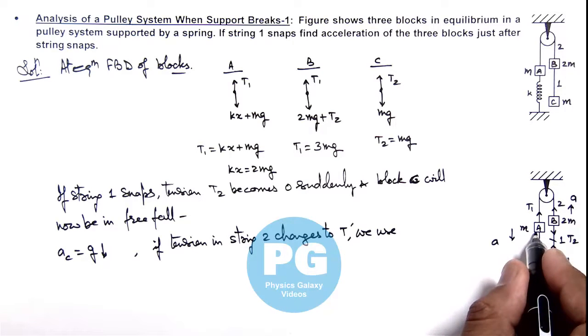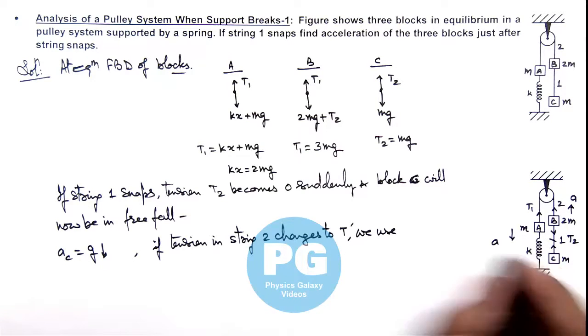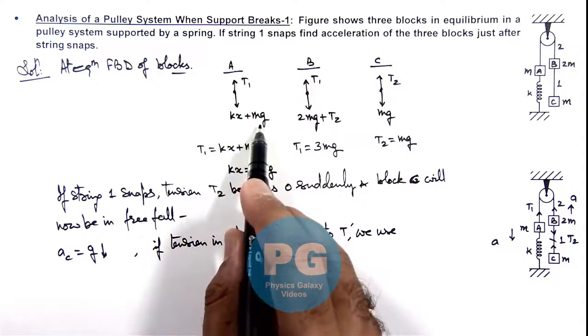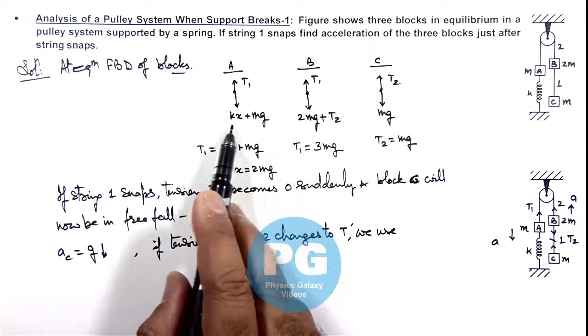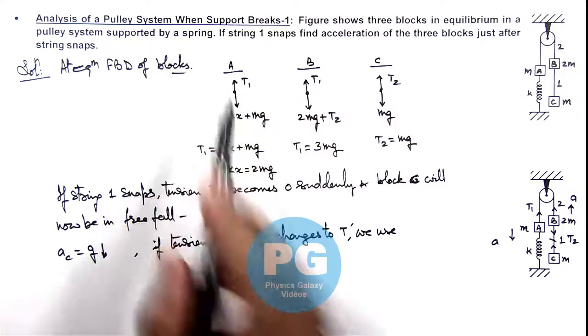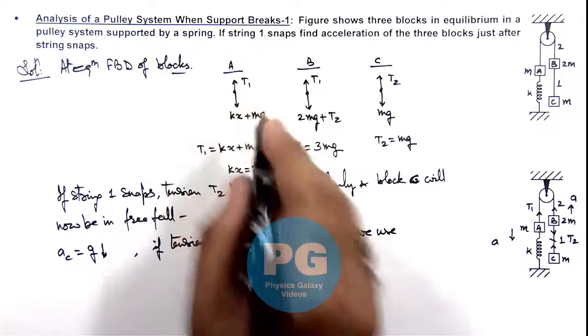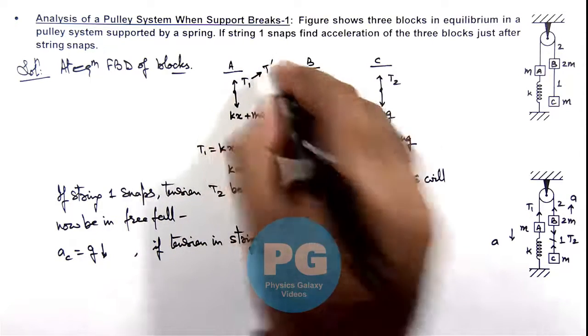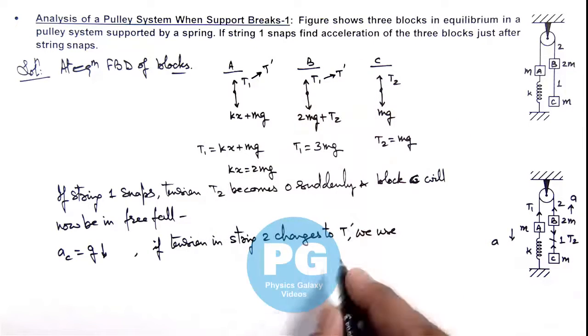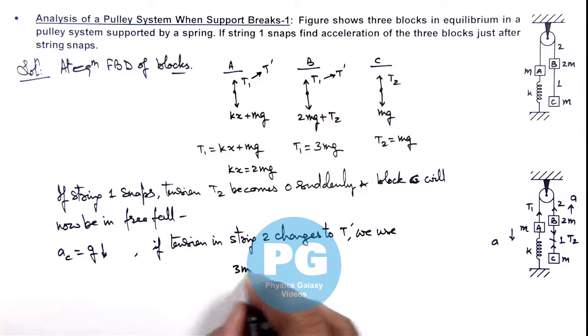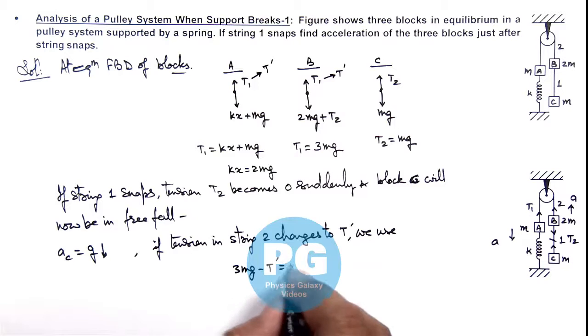For A, the downward force on it is Kx plus mg, so that will be 3mg, and the upward force is T prime, because the tension T1 changes to T prime. So we can write 3mg minus T prime is equal to ma, and for block B we can write T prime minus 2mg is equal to 2ma.